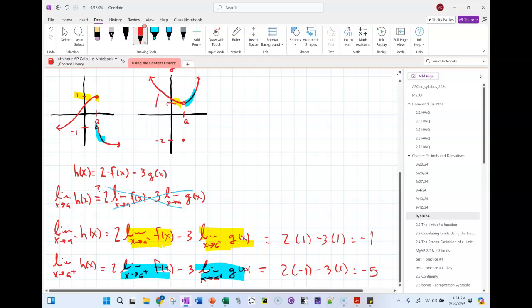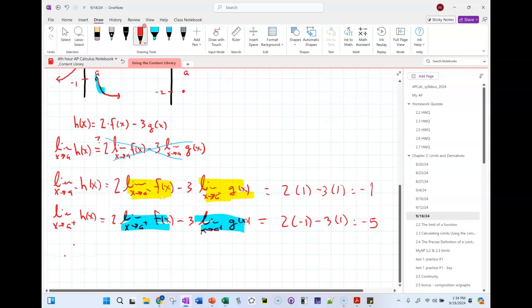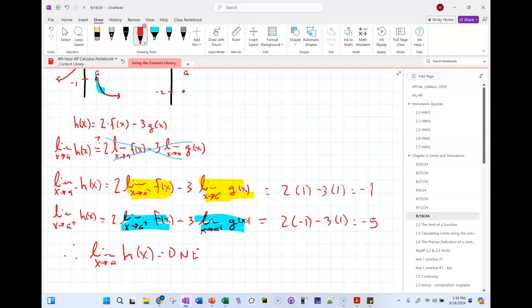So what should we say here about the limit as x approaches a of h of x? It does not exist. Is everybody feeling okay about what to do with that?